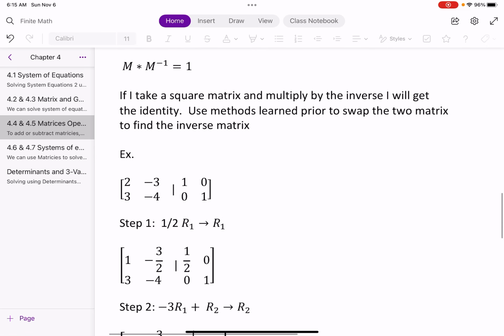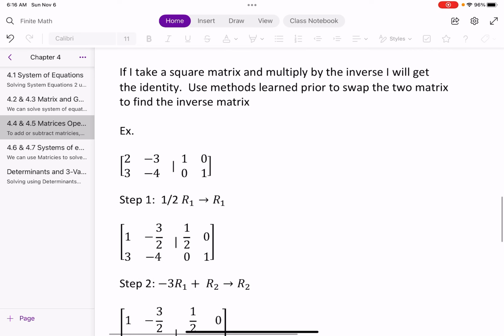And you can use the methods we've learned last week, or in previous lessons, to swap the two matrices to find the inverse.